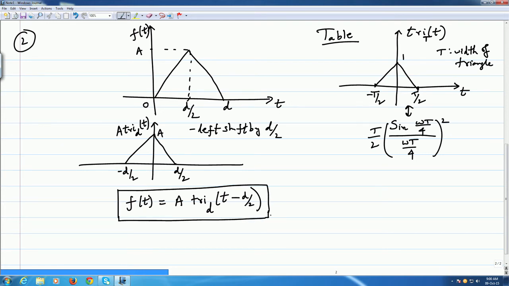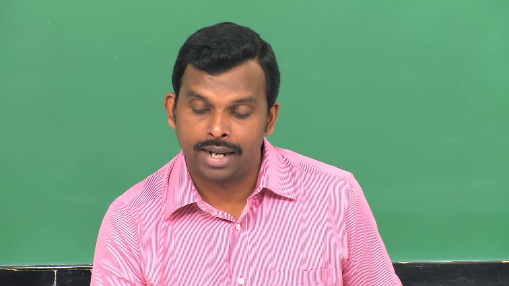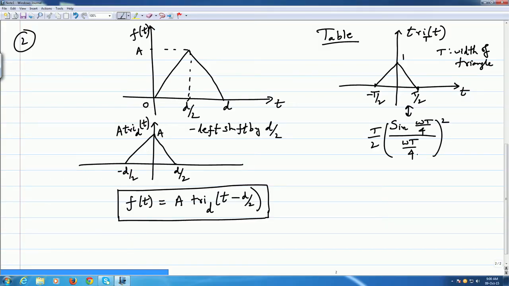After this, it is a question of using the properties of the Fourier transform and the standard table from which you got this Fourier transform pair, and then you are done. So once I do this, what would I get? If I have to transform this, I am going to get F of j omega equals a times.